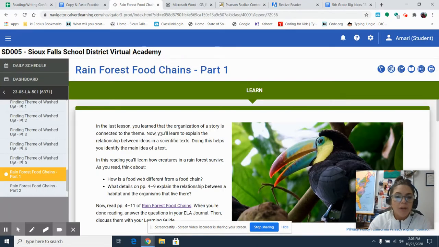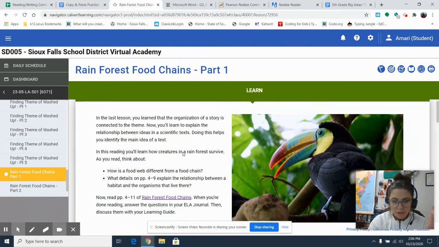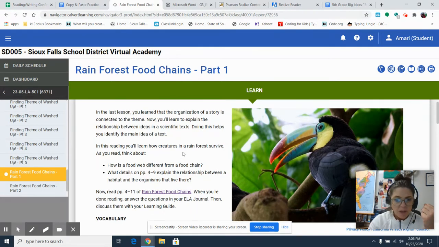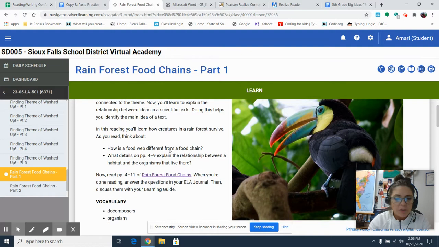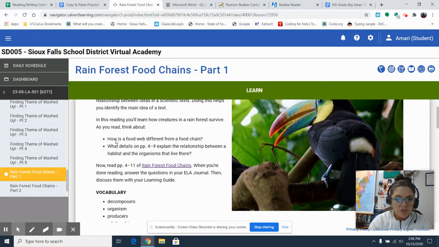So on Monday, you should have done some organizing of a story and how it's connected to the theme. And now you're going to be looking at scientific texts. We're going to be trying to find the main idea behind your reading today. So when you're reading about it, you're going to learn how creatures in the rainforest survive. And I want you to be thinking about these two questions.